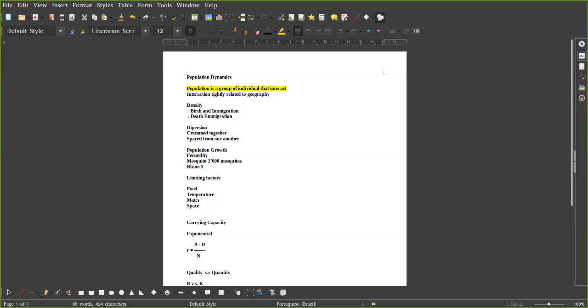And we have also the limiting factors. Food, for example: you have to compete to get the food, so it's a limiting factor. Temperature. In 2011, there was a mosquito outbreak, and what happened?